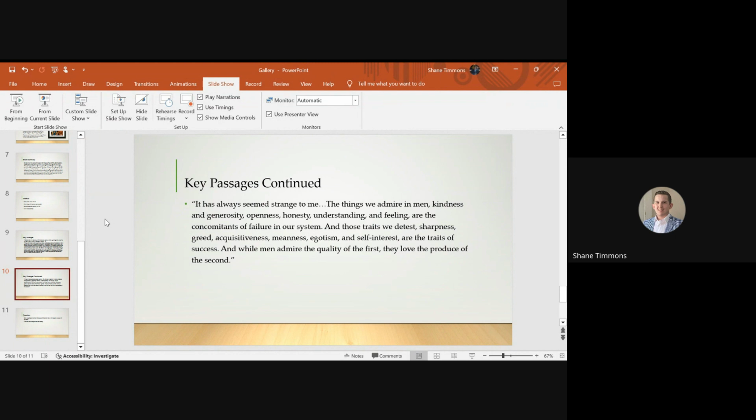Greed and ego, and of course serving themselves, because like Steinbeck says here, they found those things to be the traits of success.